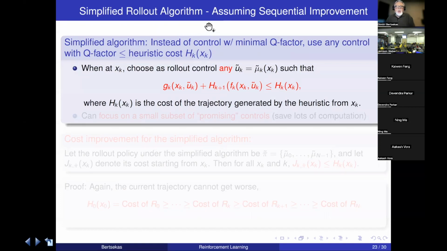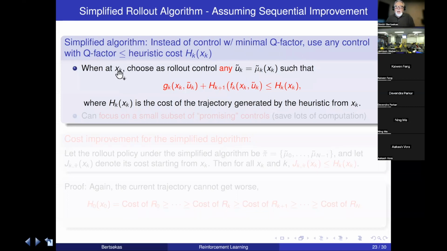So here's one way to do it, assuming the sequential improvement condition. Instead of applying the control that has minimal Q factor, use any control that has a Q factor less than the heuristic cost at the state that you are.